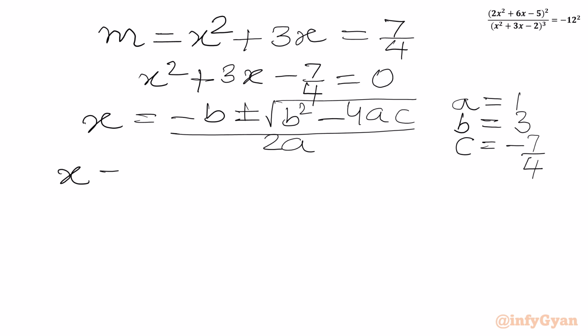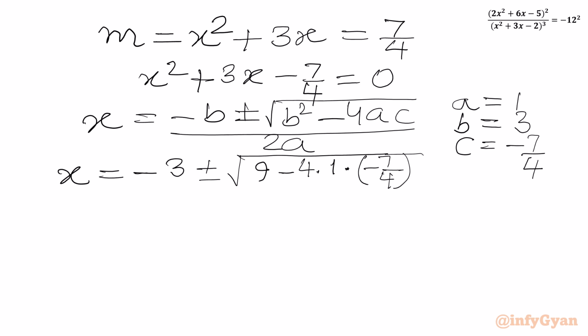Let's apply all the values. So minus b, I will write minus 3 plus minus square root of 3 square is 9, minus 4 times a is 1, c is negative 7 over 4, over 2 times 1, so 2.